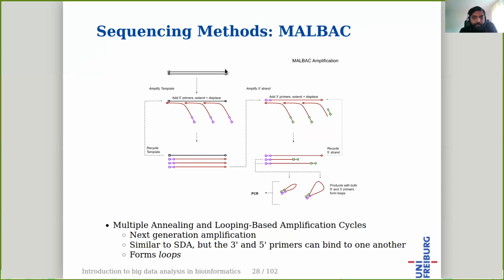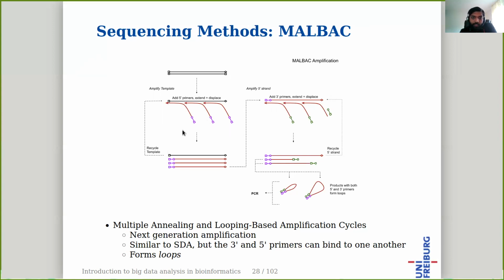You start with a DNA or cDNA, and then denature one of the strands, as we did with the SDA, but this time we anneal the primers. We do one time extend and one time displacement, and then we produce these 3 fragments, and then we stop there. We don't go further. We don't add primers here and extend these, and we don't repeat this process.